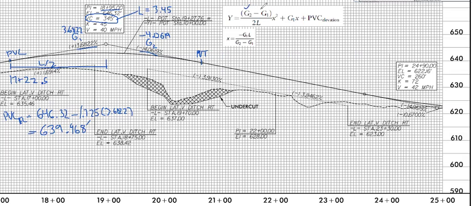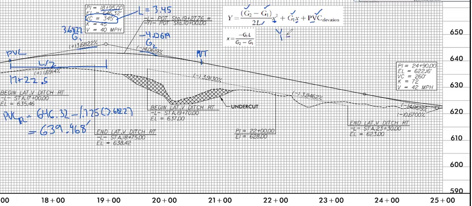So now we have G2, G1, we have L, that was a given. X is what we're finding. X is the horizontal distance starting from the PVC. We've got G1 again in the second term. X is what we're going to put in. And now we have our PVC elevation. So now we can create our parabolic equation.